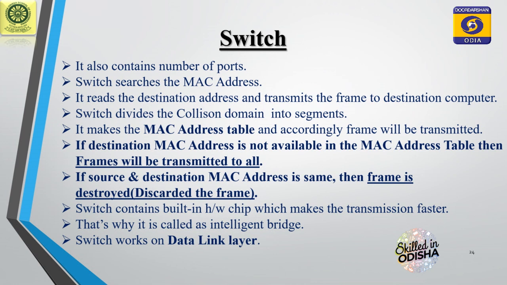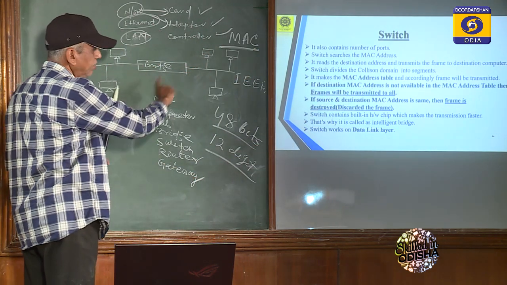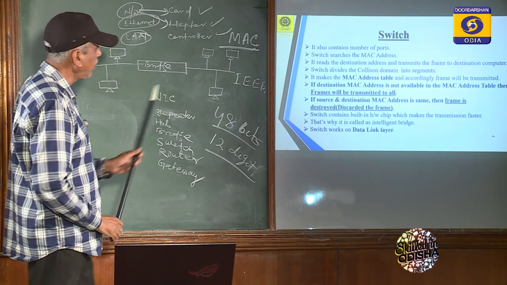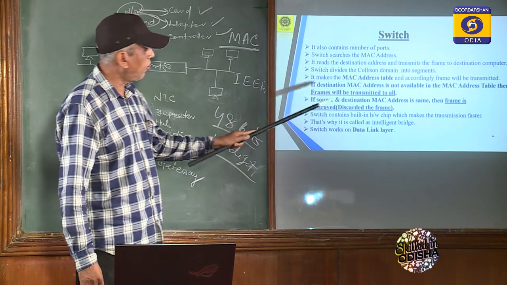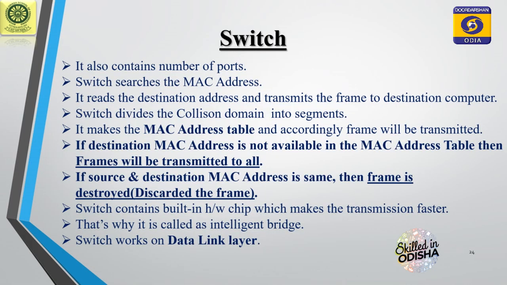If the destination MAC address is not available in the MAC address table, then the frame will be transmitted to all systems. If the source and destination MAC address are the same, the frame is destroyed; that data will be discarded. A switch contains a built-in chip, so it makes the transmission faster.